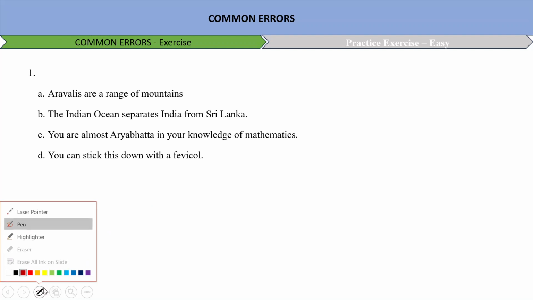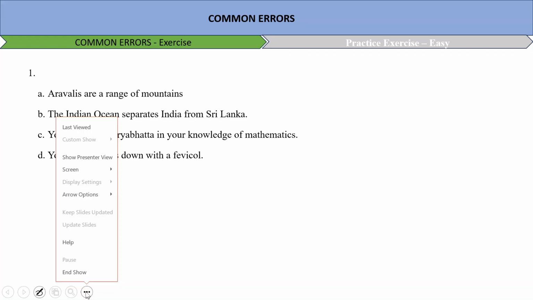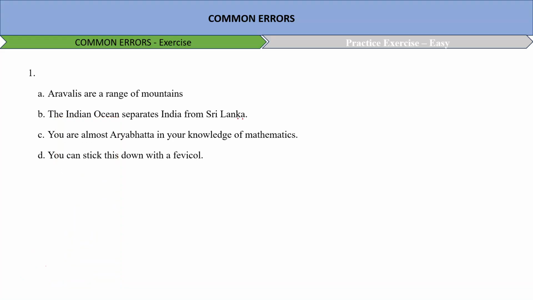So what you need to do is you need to understand. Okay, so this is an easy set of questions which we are discussing. Let's discuss first.